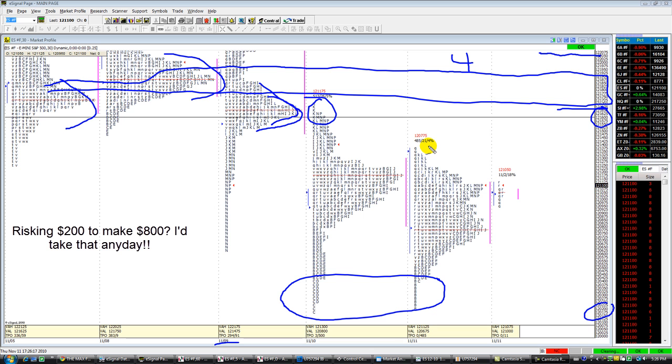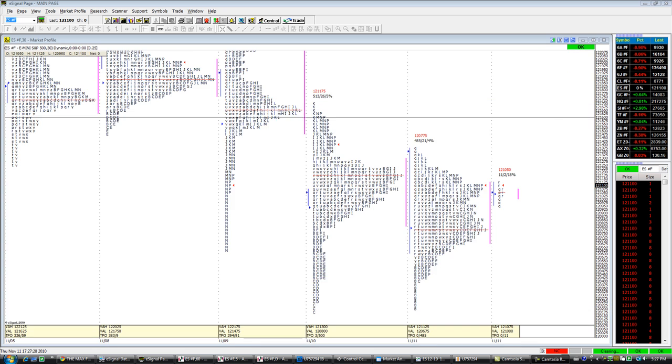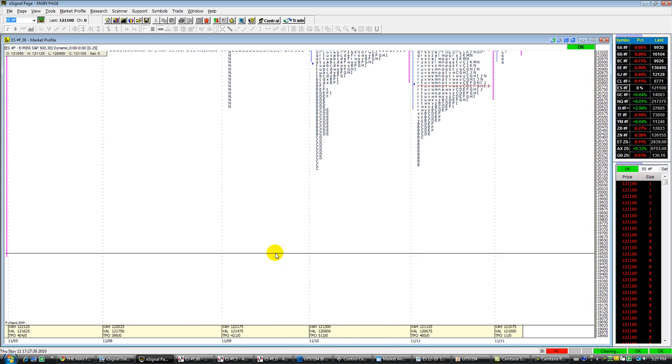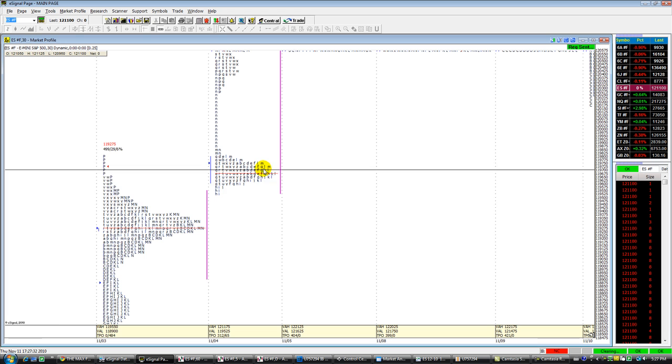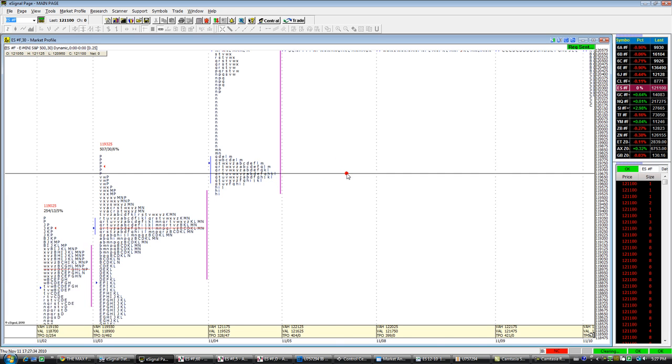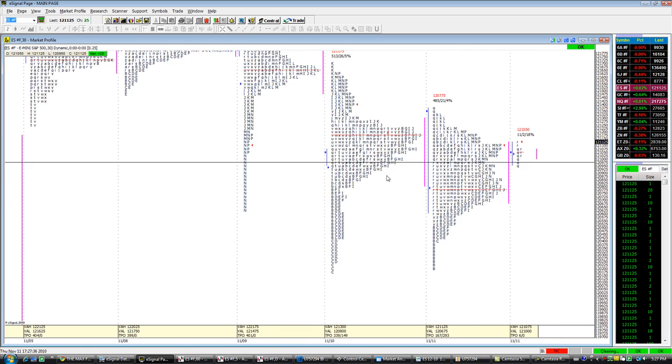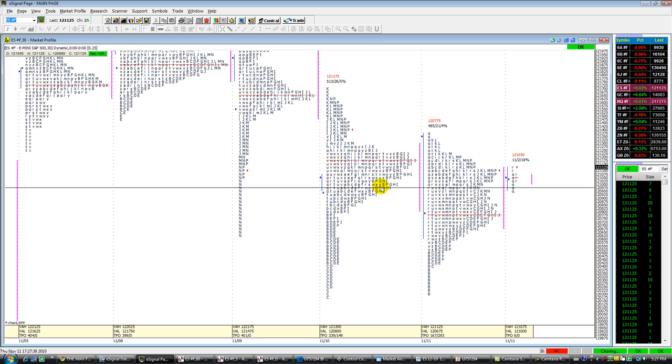And if this market looks like it's going to break these 1202s, which it most likely will, as it would be a third test in this bounce area, we could see a potential move all the way down to this bounce area in the 1196. So this can potentially be a 20-point trade from a 4-point risk.